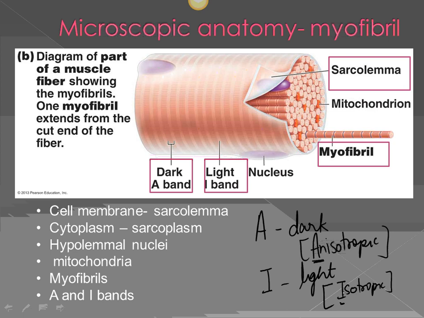So that's why we use the first letter, A band and I band. Okay? So A and I bands are made up of myofilaments, and this myofilament is what is seen in the myofibril.